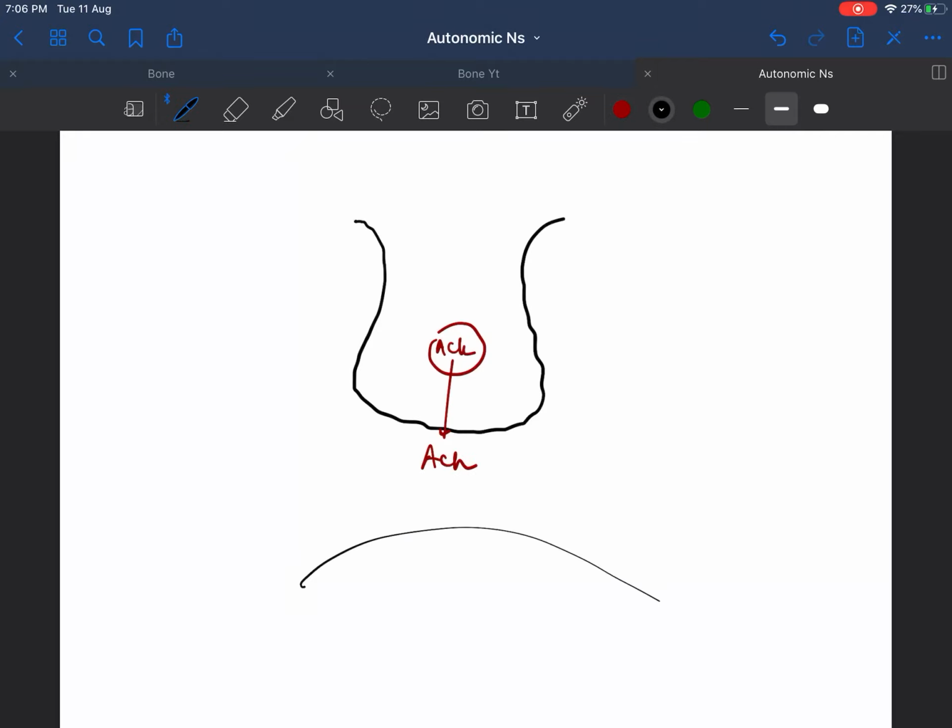And we have a postsynaptic area where there are receptors for acetylcholine. We'll learn about these receptors later. They can be either muscarinic or nicotinic types. But first we have to discuss how acetylcholine is produced, how it is stored, and what are the drugs which inhibit. We have to know about the basic physiology, basically.